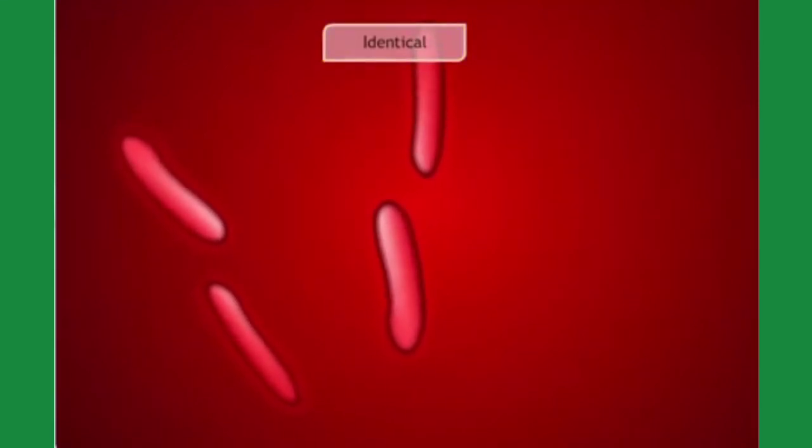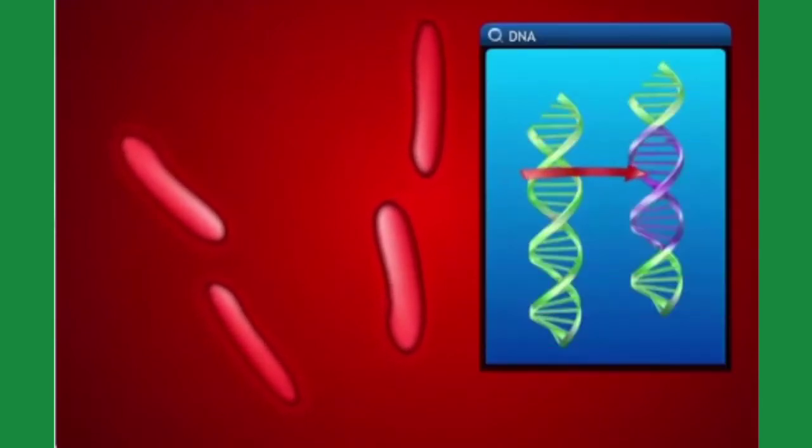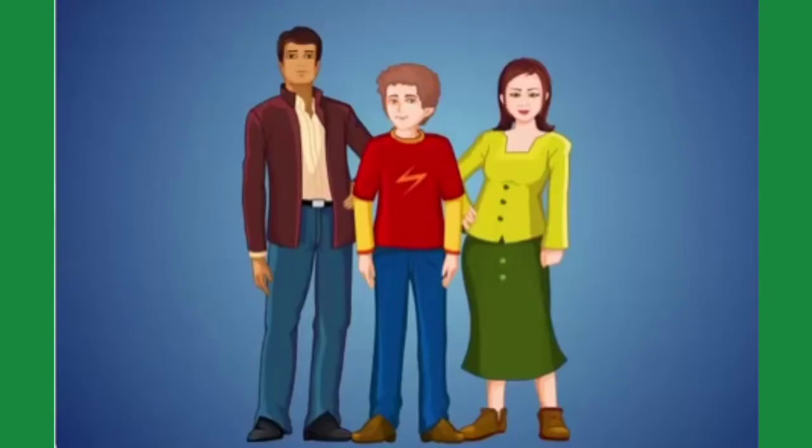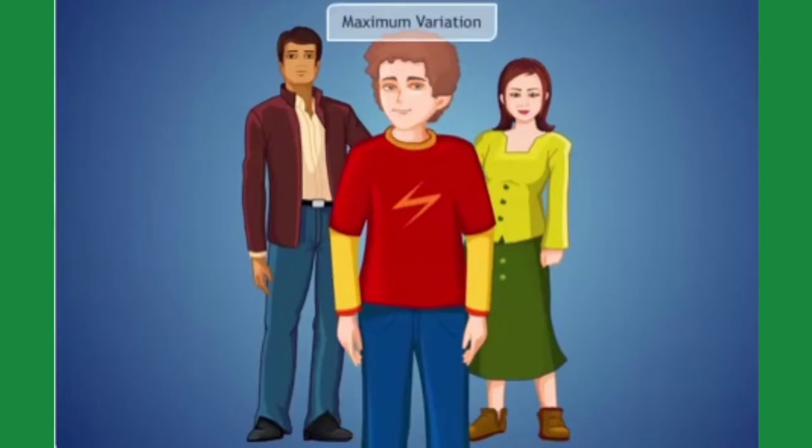However, there may be minor differences generated due to small inaccuracies during DNA copying. Now, things change slightly. In the case of sexual reproduction, maximum variations are produced during this process, as can be seen in the case of human beings.